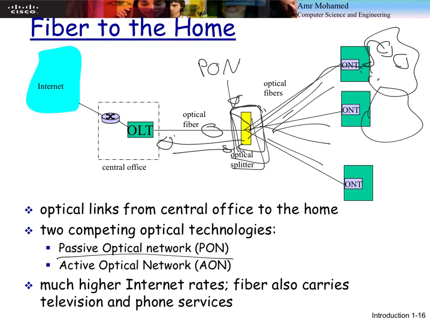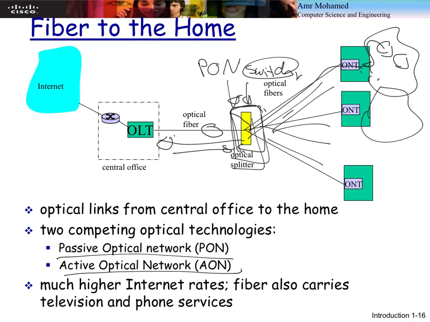And the problem is that to keep this signal in the optical domain, you need very, very sophisticated devices. And you cannot really switch optical signals easily. The difference between passive optical networks and active optical networks is exactly what I talked about. The active optical network uses a switch here.